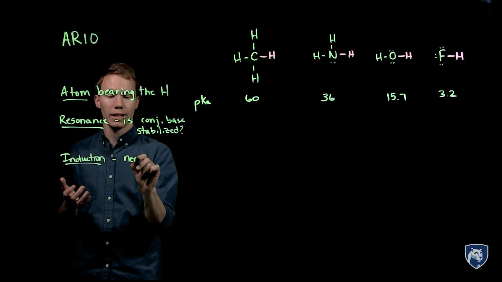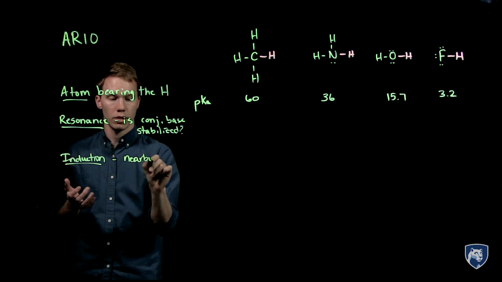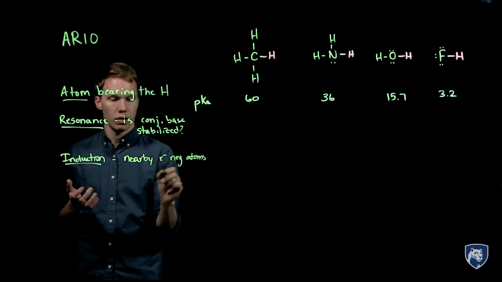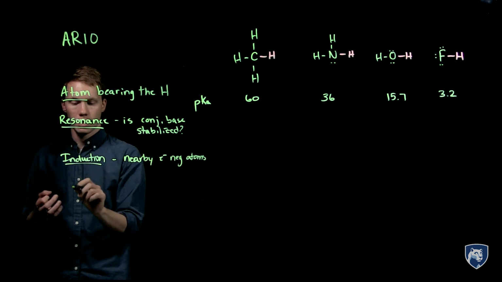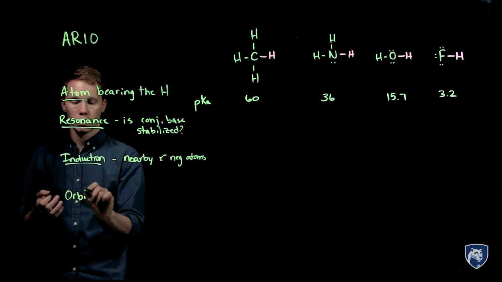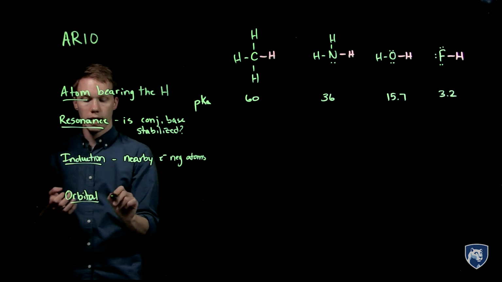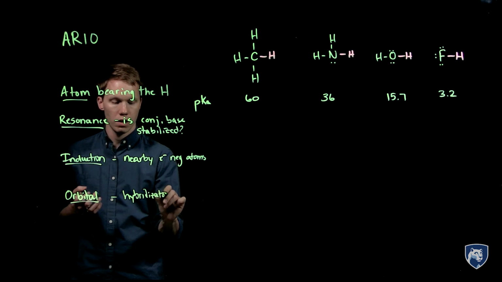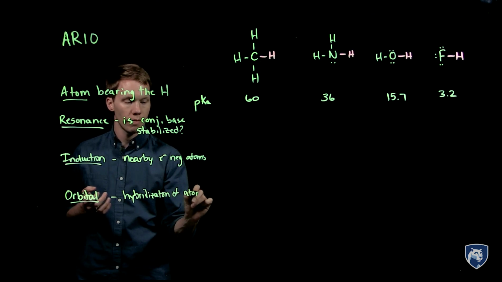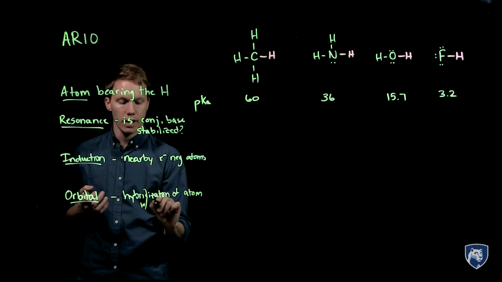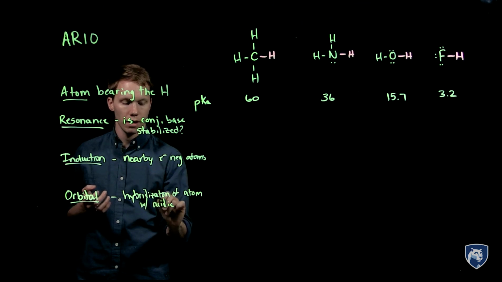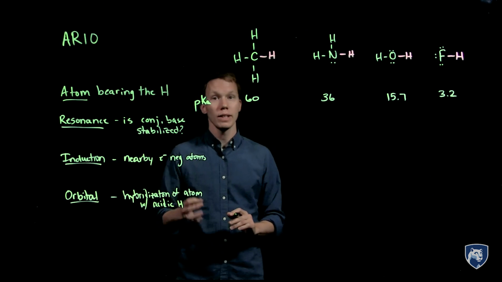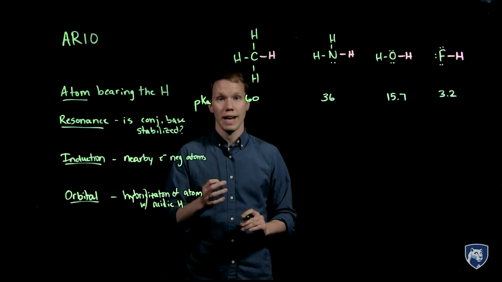Are there any nearby electronegative atoms? That will be stabilizing as well. And then O is for orbital, and this has to do with hybridization of the atom with the acidic H. Okay, so ARIO rules are going to really help us in predicting the strength of an acid.